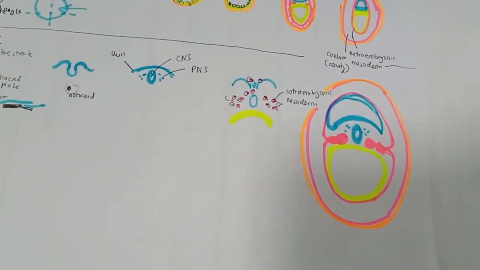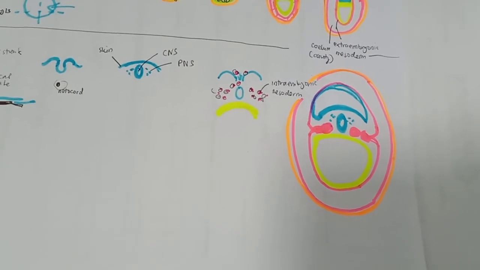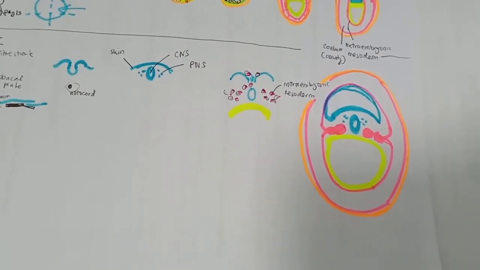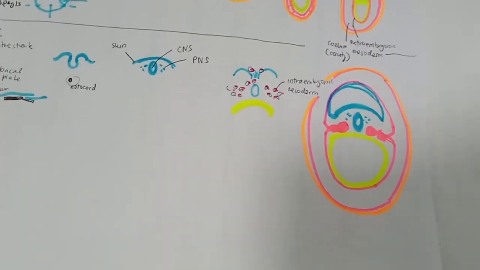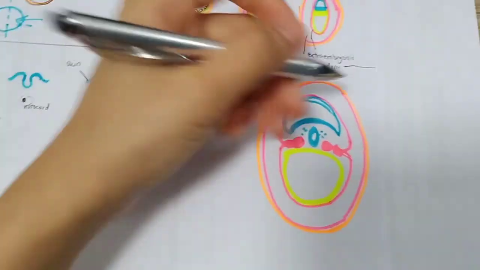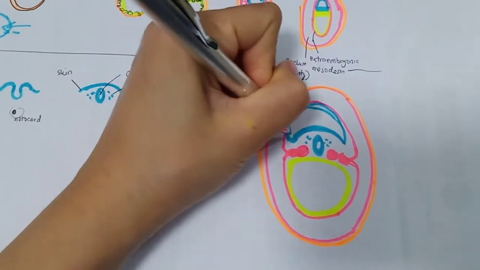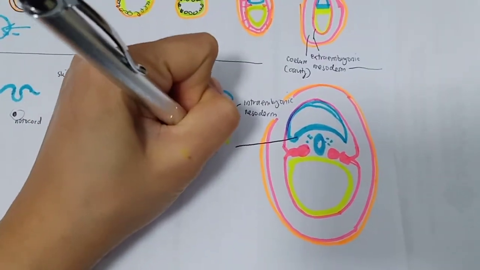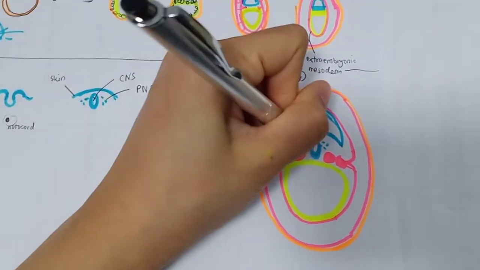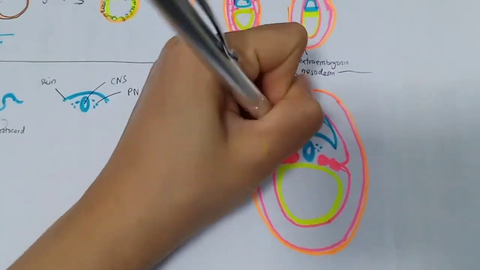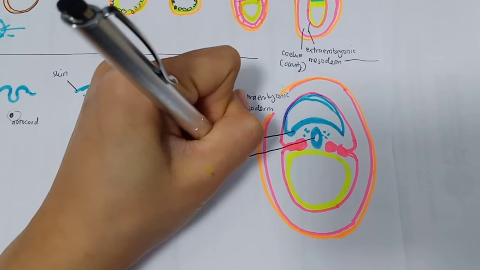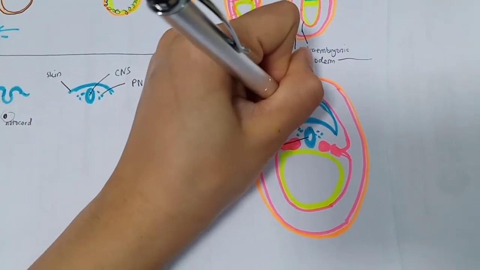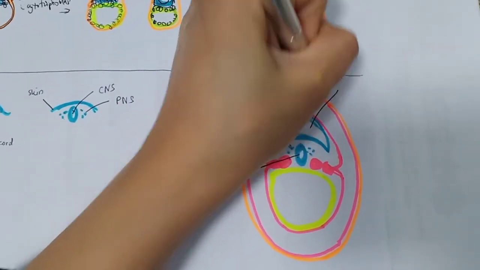So let's label the picture so that we can get a correct idea and also an easy understanding of this topic. So right here we have the ectoderm. This will be the neural tube. And this is the crest. This is the amnion.